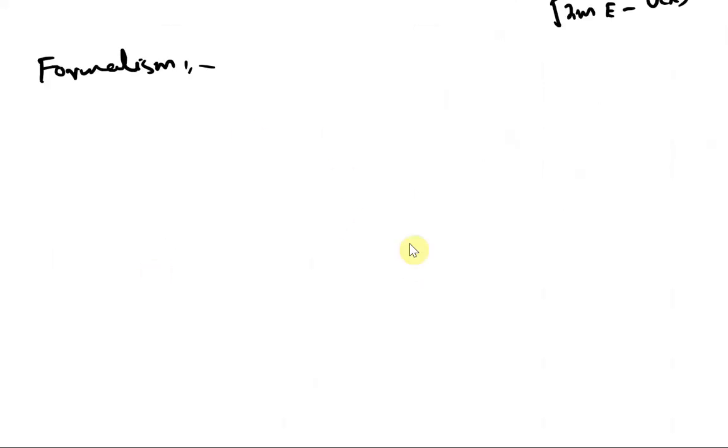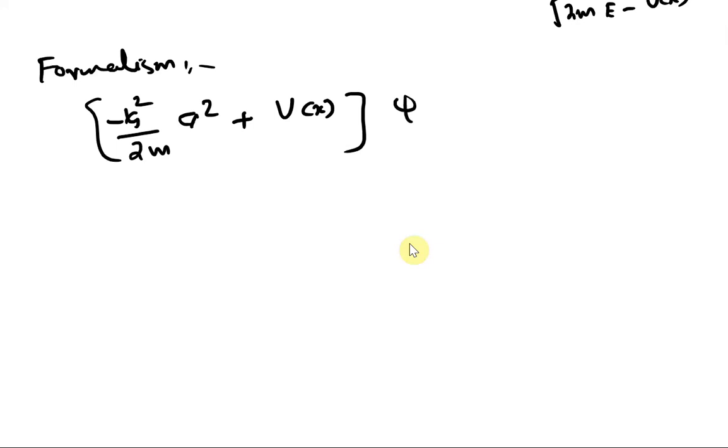So what we have to do is solve our time independent Schrodinger equation, that is nothing but minus h cross square by 2m del square plus V of x into the wave function psi of x equals E psi of x. I am taking the one dimensional problem only.